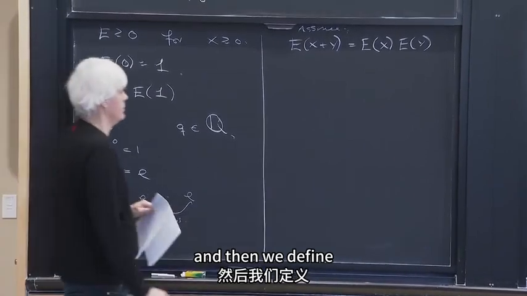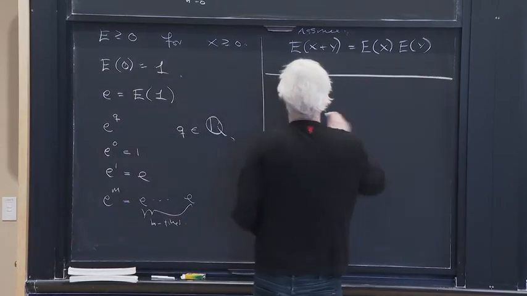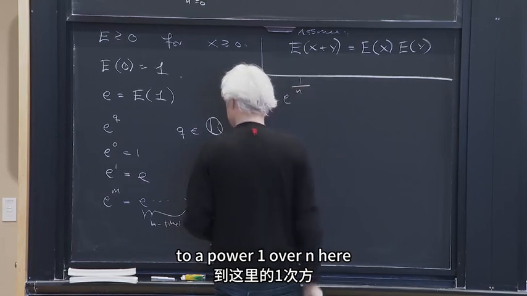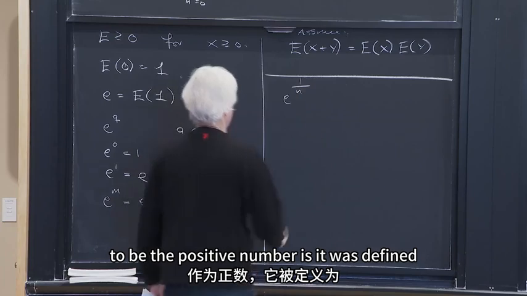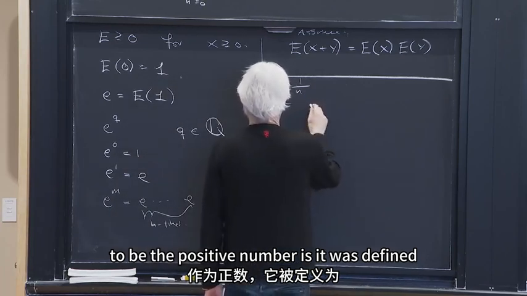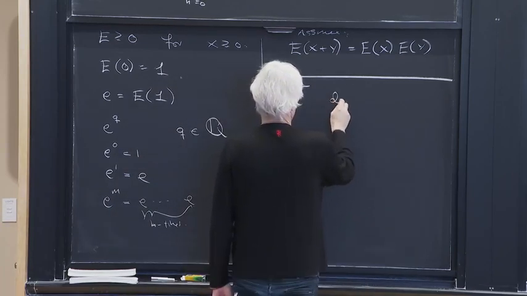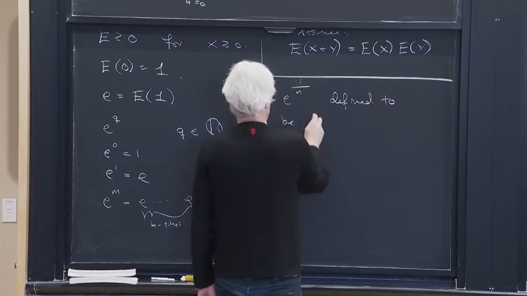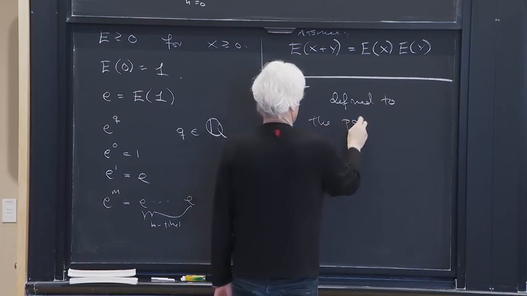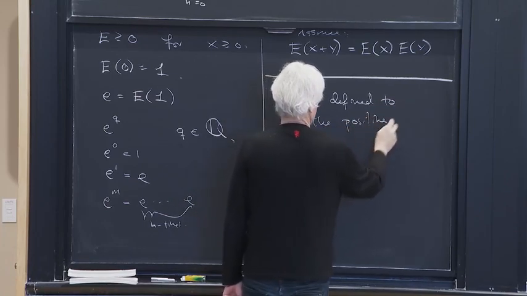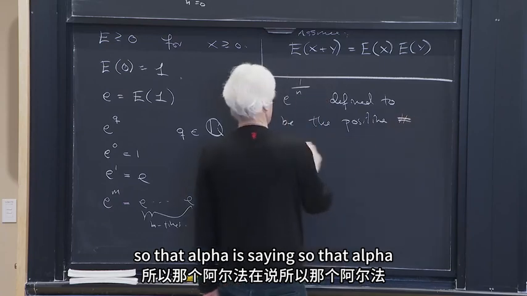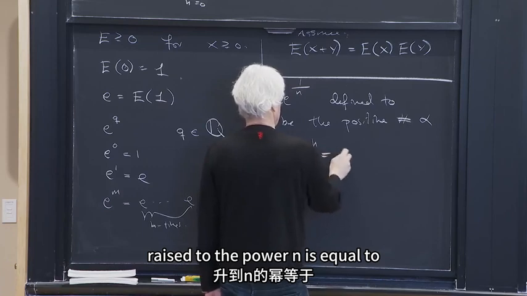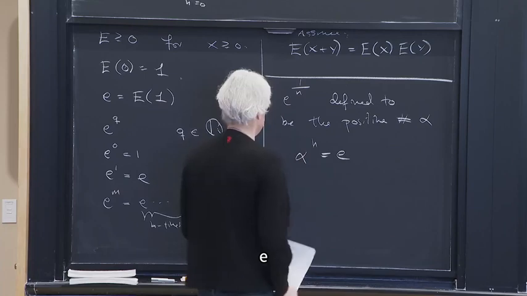And then we defined e to a power 1 over n to be the positive number alpha so that alpha raised to the power n is equal to e.